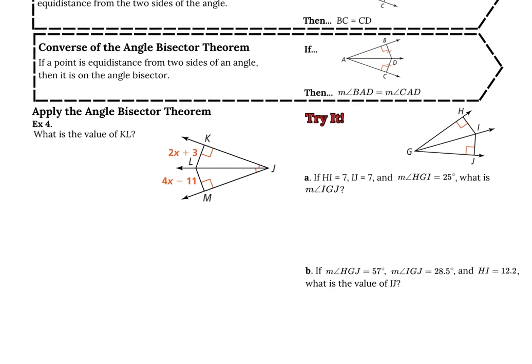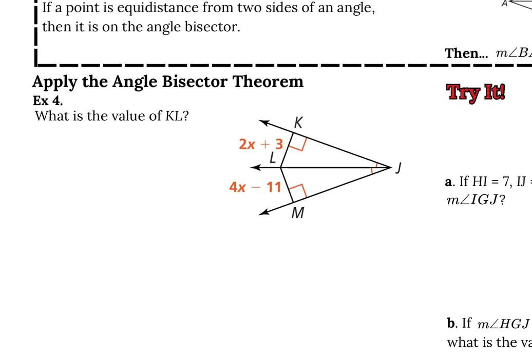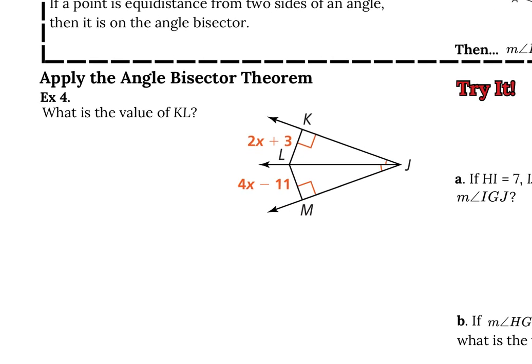So let's apply that. So KL, we want to find the value of KL. Well, I know that these two segments are congruent to each other because of that angle bisector theorem. So I know KL would be congruent and equal to LM.